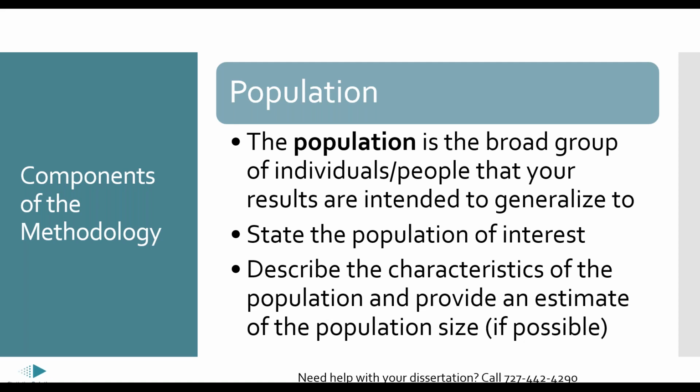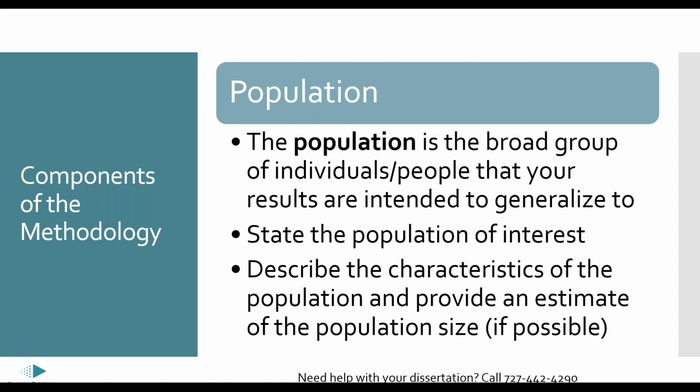And so you want to state that population of interest. And again, the population is just the general broad group of people that your study is about. And then you want to, if possible, describe the characteristics of that population and provide an estimate of the population size. And you want to provide citations to support this information.